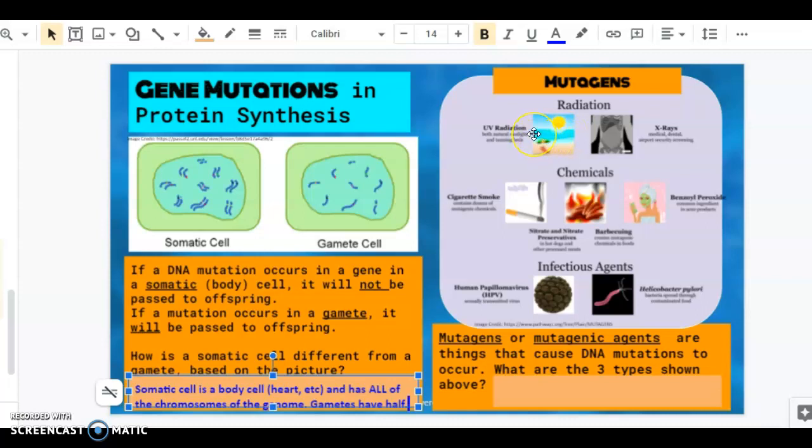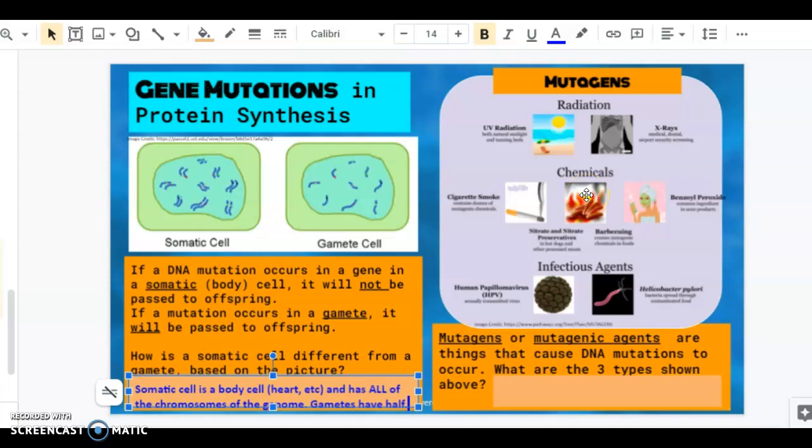It can cause thymines that are side by side to link up together in what we call a thymine-thymine dimer. And then when the DNA is used, it can't be used correctly because the thymines are stuck together. X-rays, which are relatively safe, but too much can also lead to the same type of DNA mutation.